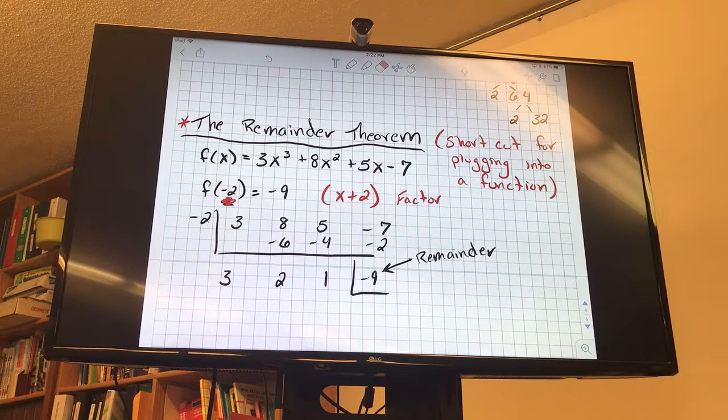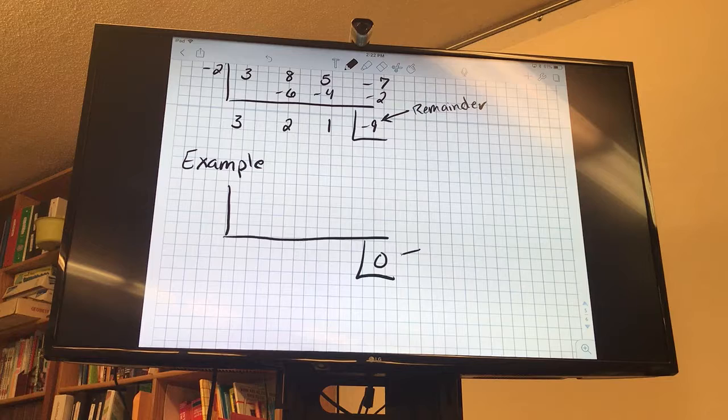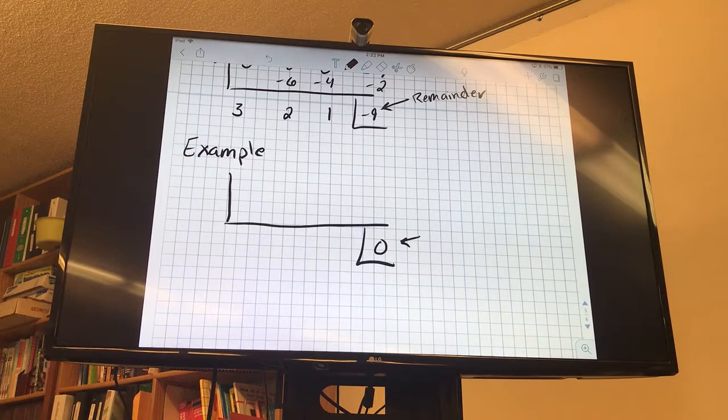What happens if I work a synthetic division out, for example, and I get a remainder of 0? Then whatever my number was here, say it's a, I know this is a 0 of the function, because when I put it in, what I get out is 0.